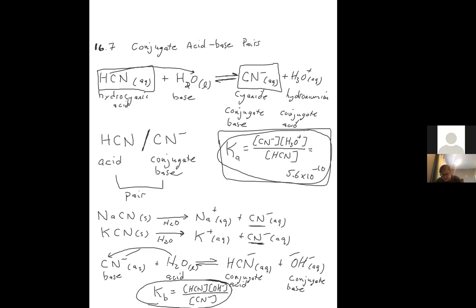So here's what I'm going to do. I'm going to write out both of these equations again, but I'm going to try to be a little bit more efficient in terms of the space. So there's our first one.